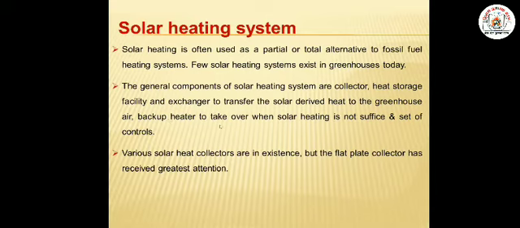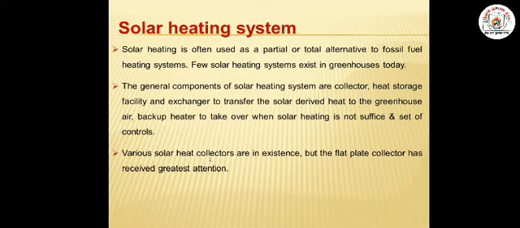A backup heater takes over when the solar heating is not sufficient, and there is a set of controls. So the components of a solar heating system are the collector, the heat storage unit, the heat exchanger to transfer the heat to the greenhouse air, and the backup heater.